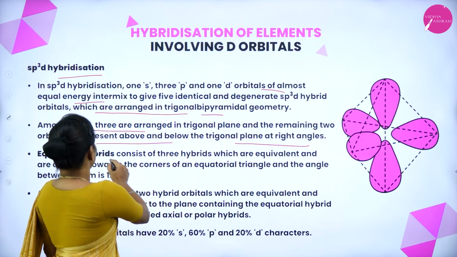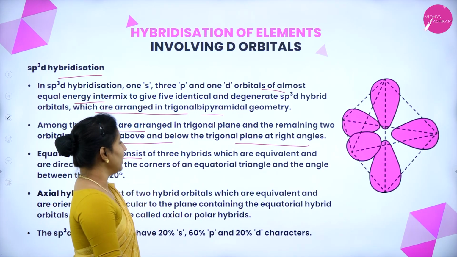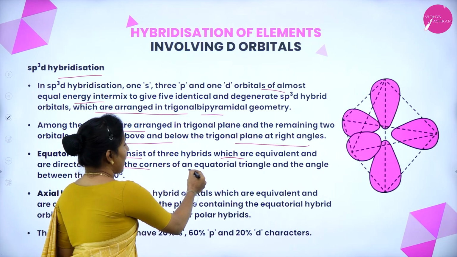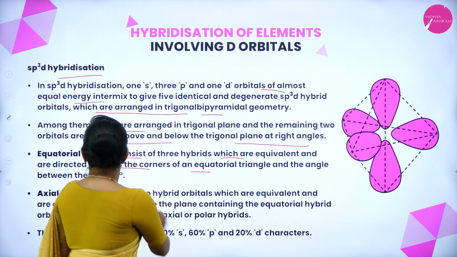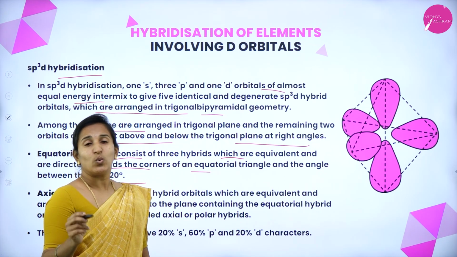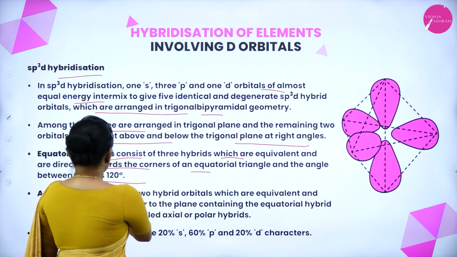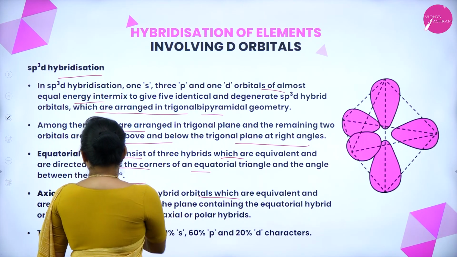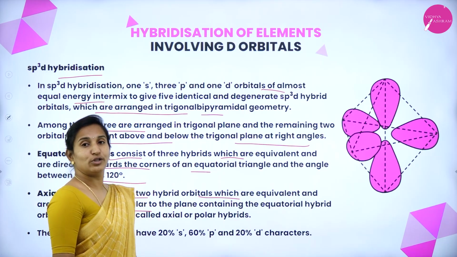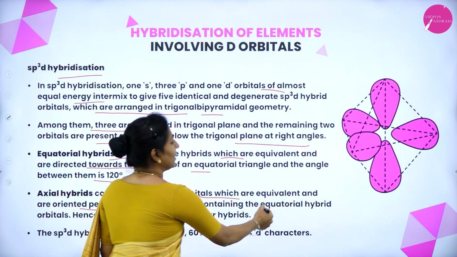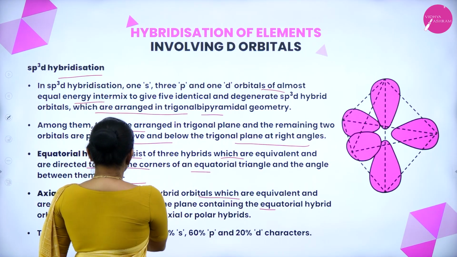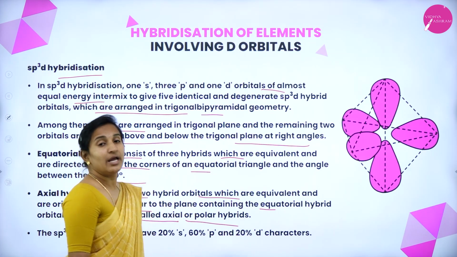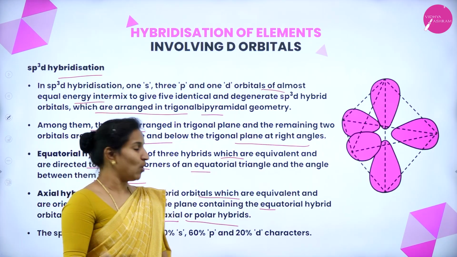The equatorial hybrids are equivalent and directed towards the corners of the equatorial triangle, with 120 degrees between them. Axial hybrids are orbitals which are equivalent and oriented perpendicular to the plane containing the equatorial hybrids, that is, axial orbitals are axial polar hybrids. They show a 90 degree bond angle.